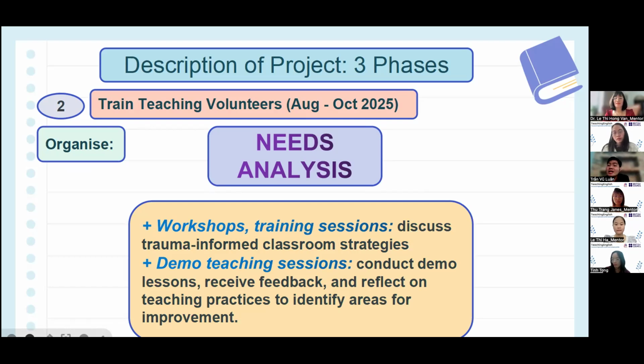When I identify their needs, their suggestions, their preferences, I can conduct the workshops or training sessions to satisfy their needs. After that, I will conduct the demo teaching sessions. The teaching volunteers will have the golden opportunity to conduct demo lessons and receive feedback from each other, reflect on teaching practices to identify areas for improvement.